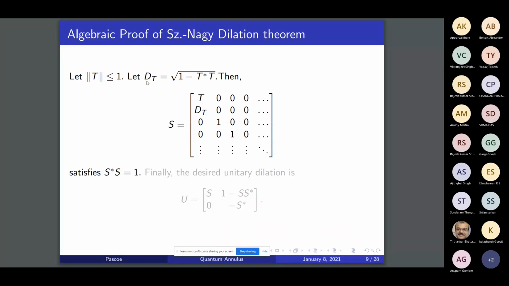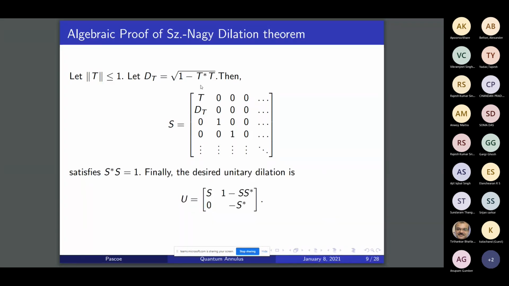I should say there's a little bit of a dangerous bend here in saying that this operator has a square root. The reason why this operator 1 minus T star T has a square root is because it's a positive semi-definite operator, and we can therefore use the functional calculus. There's a lot of hidden development here encoding the fact that the square root makes sense.